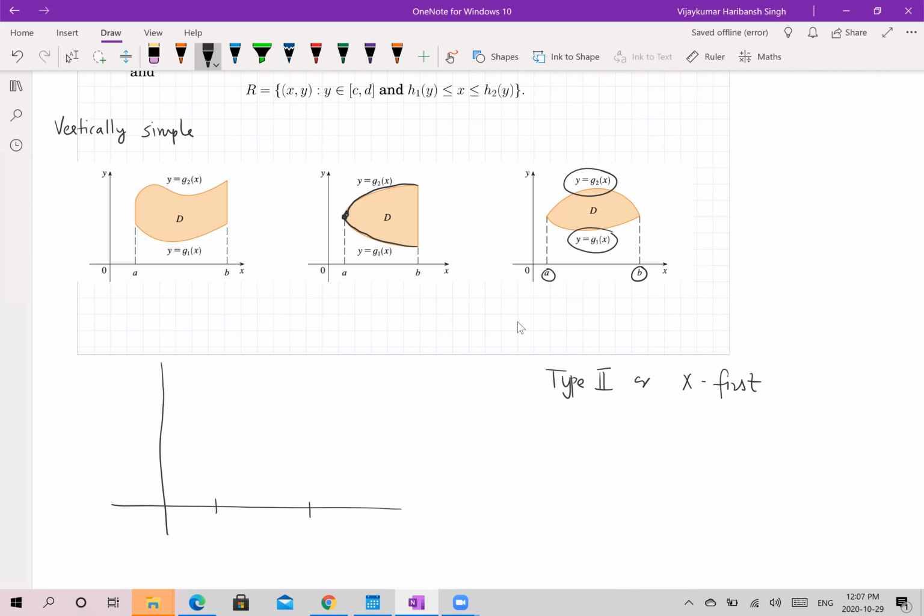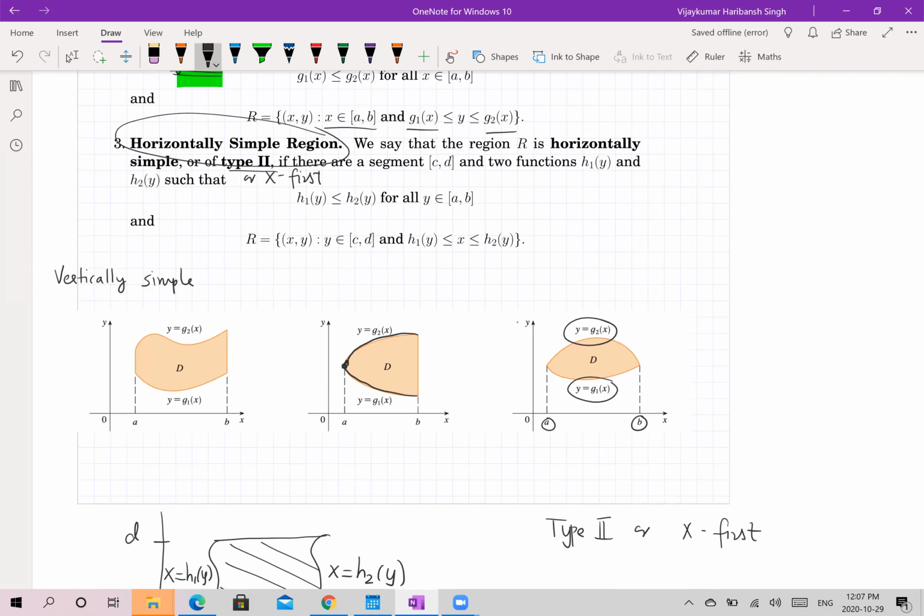In this case, y is fixed between some values c and d, and x changes from this curve, say x equals h1(y), to x equals h2(y). This is an example of type 2, or x first region, or we can call it a horizontally simple region.